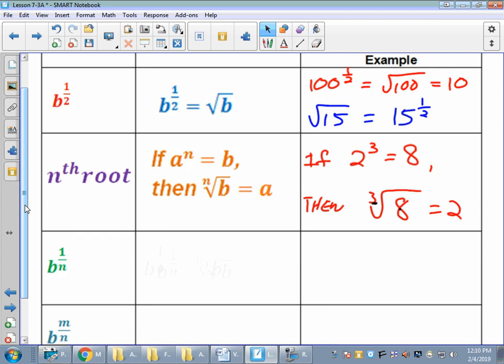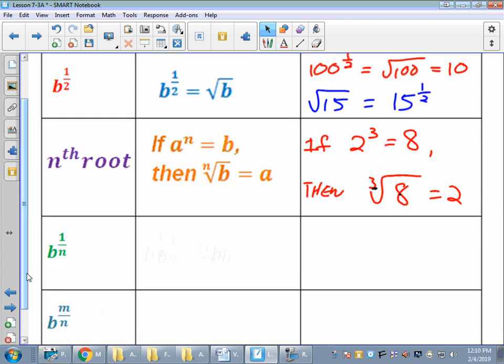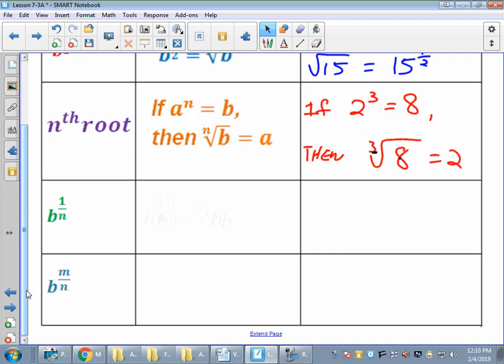Okay, so now let's go down to the 1 over n power. We're going to combine these two, 1 over the nth power. What this basically says is b to the 1 over n power is equivalent to the nth root of b. So whatever the number is in the denominator of that fraction goes in the radical symbol and becomes the root of the base number.